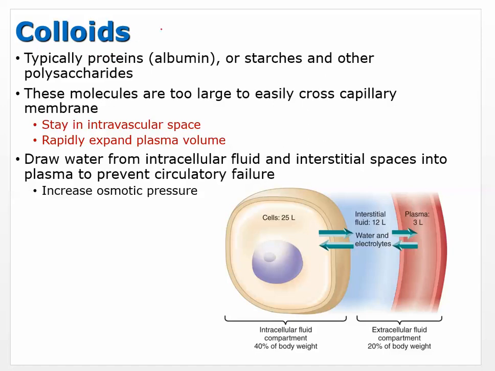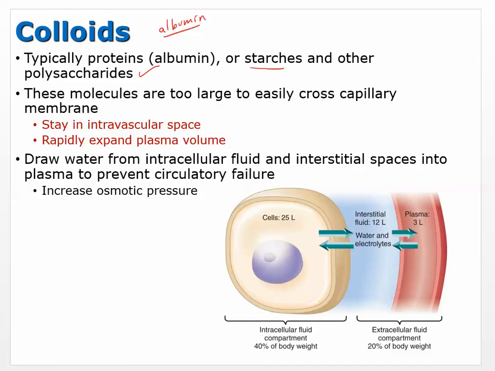All right, so colloids. We've been talking about colloidal pressure, and usually when we think of colloids, I think of albumin, I think of protein. Colloids are typically proteins, but also starches and other polysaccharides. There are companies that produce specific colloidal types of IV treatments. But either way, they're molecules that are too large to easily cross the membrane.